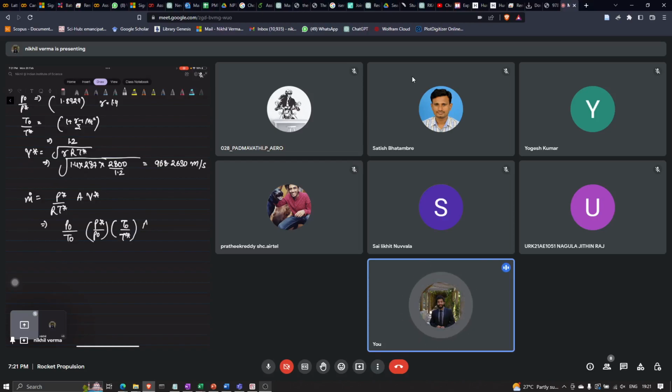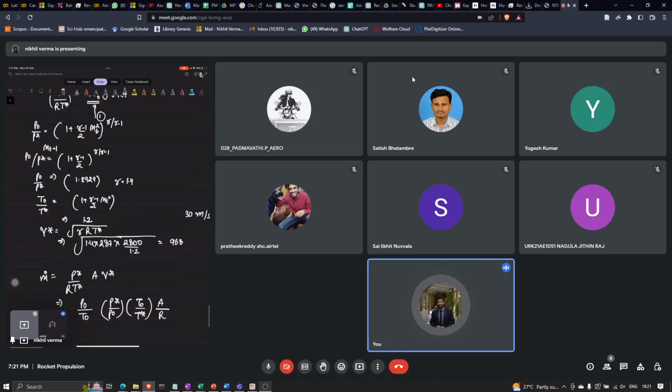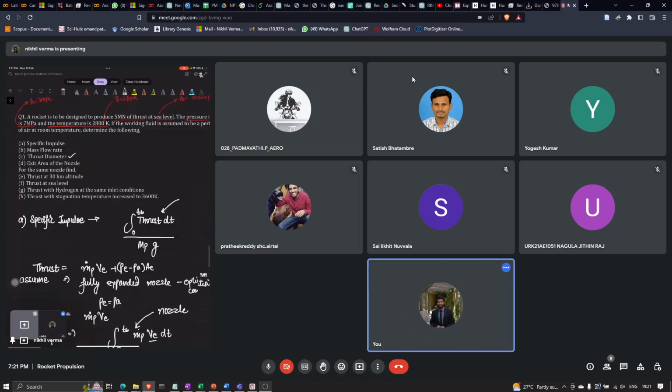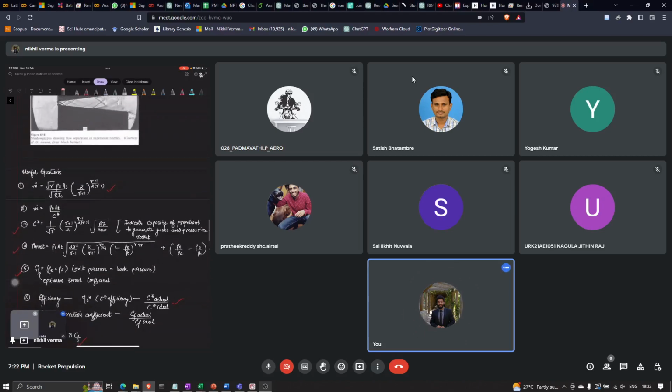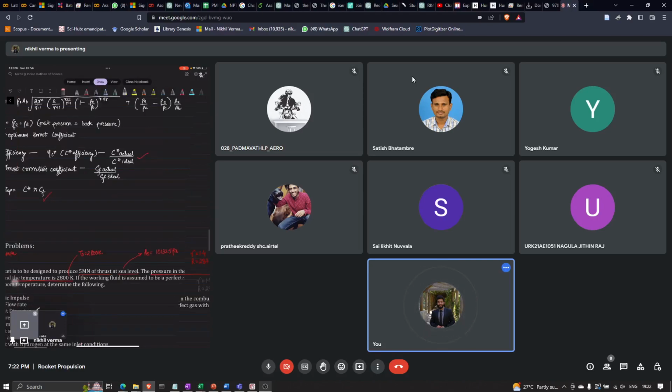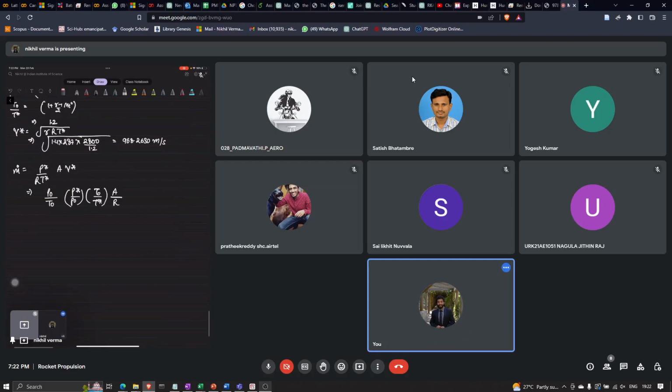Or directly, what you can do is you can use this relation, the choked area relation, and calculate what is A T. Okay, so this is the other way that I'm using. So P naught by root R T star into V star.